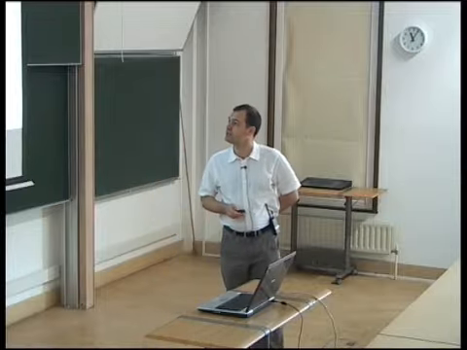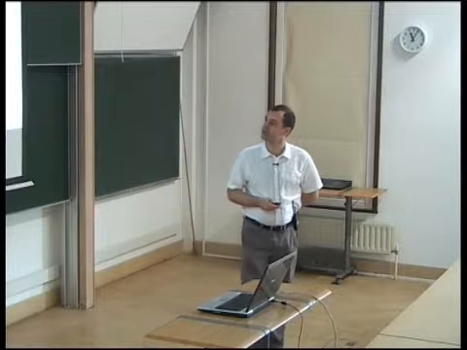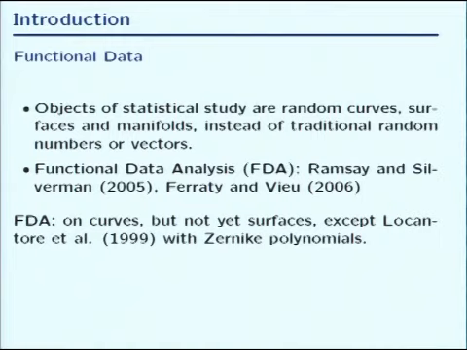So first, what is functional data? We talk about functional data when the object of statistical study is not just data points, not numbers or even vectors, but say random curves or surfaces or manifolds. There are many references now, one of them being the update of Ramsay and Silverman's book, another one being Ferraty and Vieu, a recent book on the topic, on regression mainly.